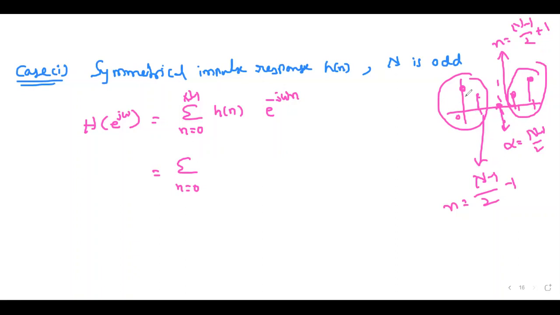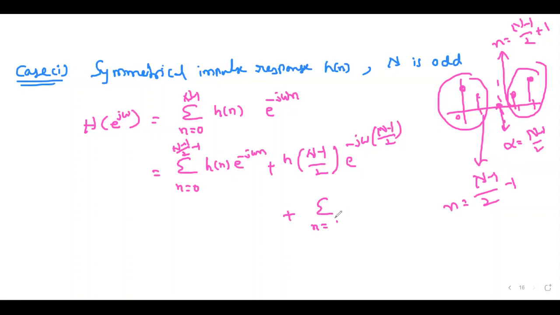The summation limits are applied as: summation n equal to 0 to N minus 1 by 2 minus 1 of h of n e power minus j omega n, plus the middle sample h of N minus 1 by 2 into e power minus j omega of N minus 1 by 2, plus the third term, summation n equal to N minus 1 by 2 plus 1 to N minus 1 of h of n into e power minus j omega n.